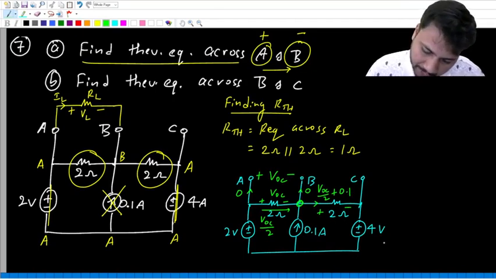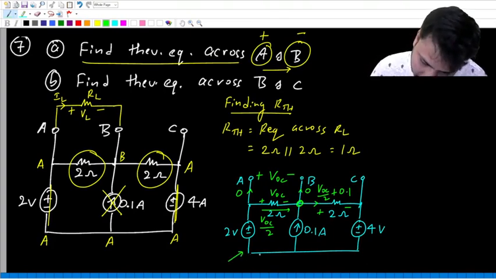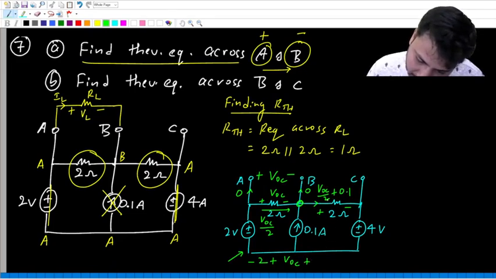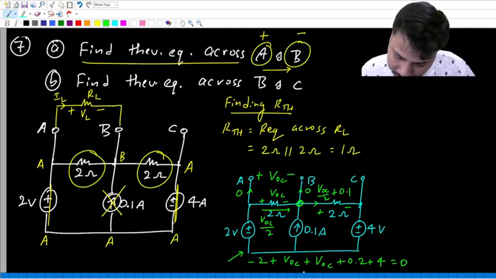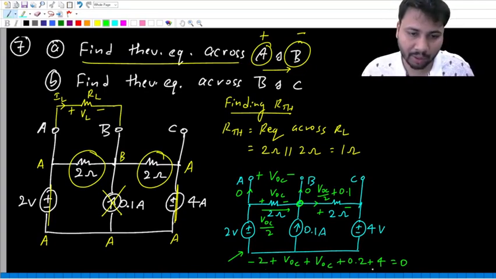Okay. Now we can write KVL around this loop starting from this point. What is that KVL equation going to be? Minus 2 plus VOC plus the drop across this 2 ohm, which is current times 2 ohms. VOC by 2 into 2 is VOC. And then 0.1 into 2 is 0.2. And then plus 4 equal to 0. Yes, VOC plus VOC is 2 VOC. 4 minus 2 is 2. 2 plus 0.2 is 2.2.